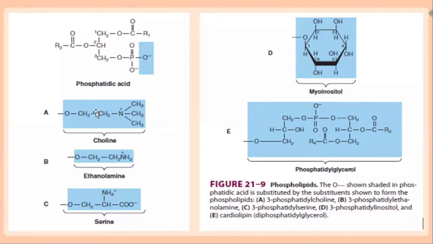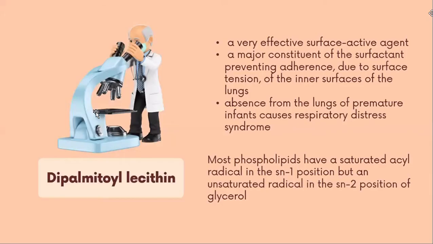So this one, dipalmitoyl lecithin, is a very effective surface active agent, important in your lung development. A major constituent of the surfactant, preventing adherence due to surface tension of the inner surfaces of the lungs. Absence from the lungs of premature infants causes respiratory distress syndrome.